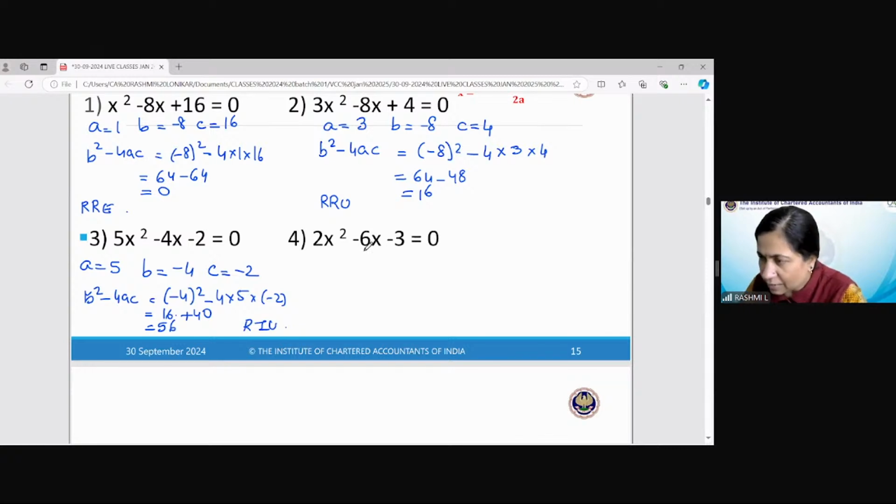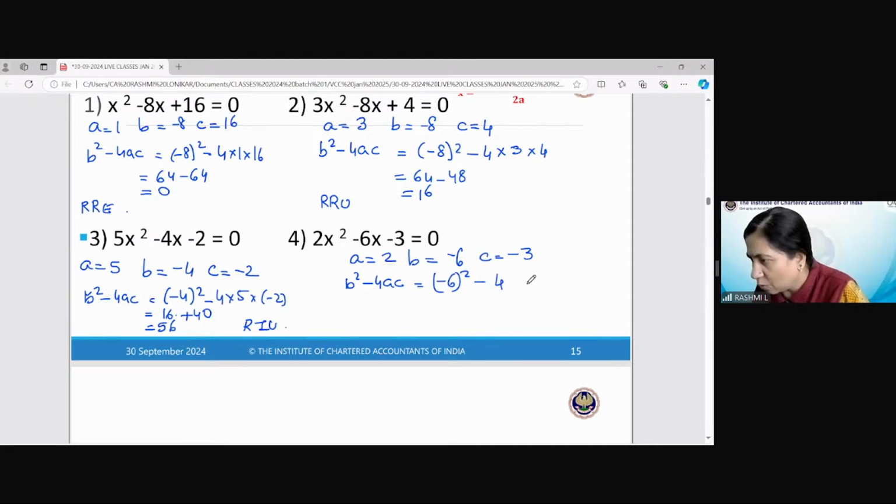Now let us see this last one. A is equal to 2, B is equal to minus 6, and C is equal to minus 3. So B square minus 4AC is equal to minus 6 whole square minus 4 into A into minus 3.